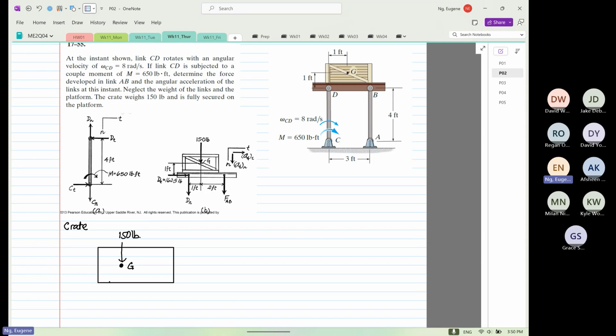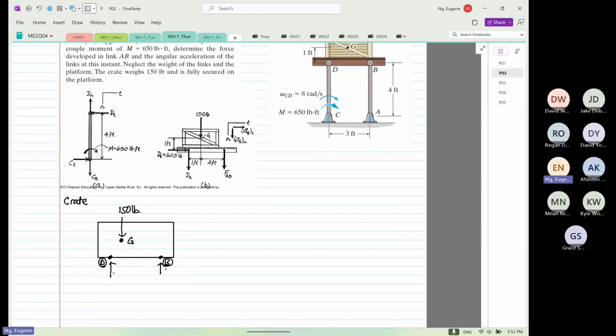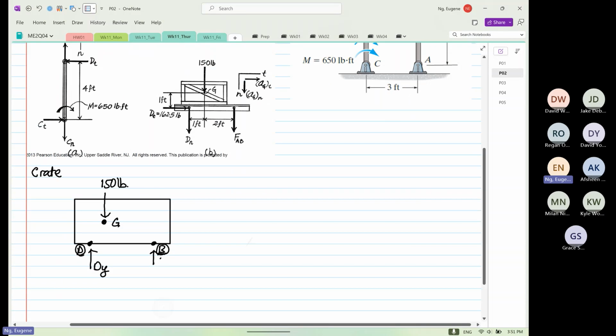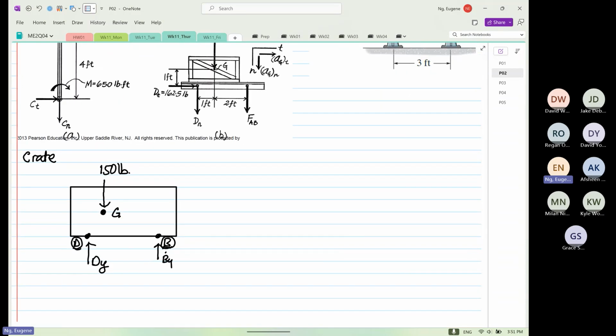Now, point D is over here, and point B is over here. So this load should be going where? Upwards. Yes or no? Right? So this is our Dy, and this is our By.